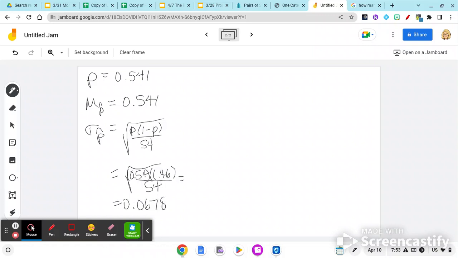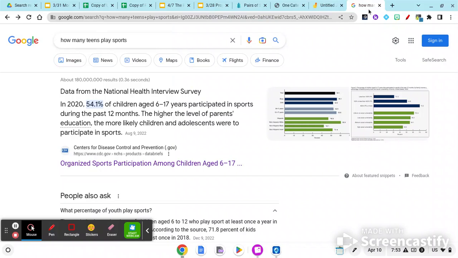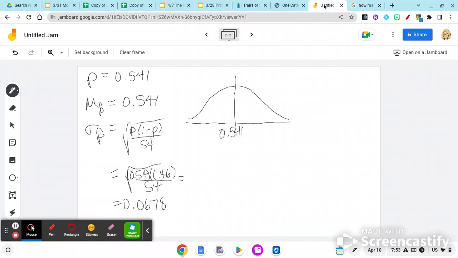Okay. All right, so now we're going to see how Pomona compares. So the proportion was 0.541. Pomona's was 0.537.